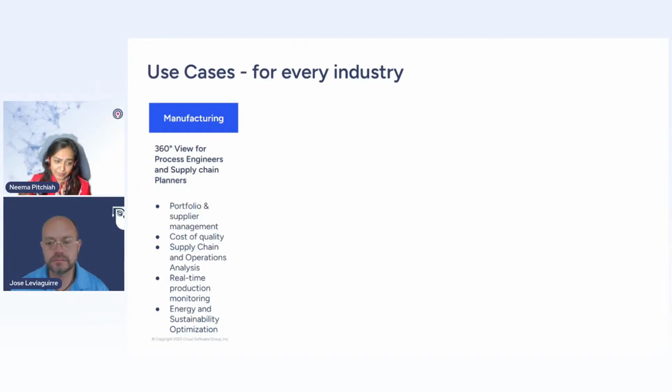You can have your supply chain optimizations and everything coming in from another place. You might also want to make sure your machine is maintained, so you can combine all of your machine data and your process data, and you can also make sure that your manufacturing is optimized overall.